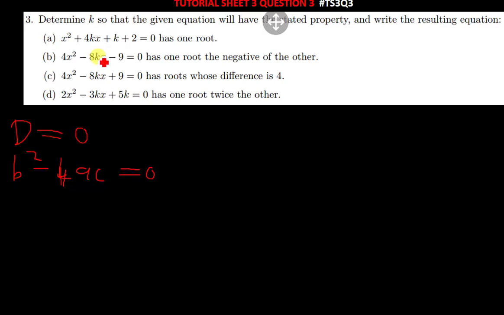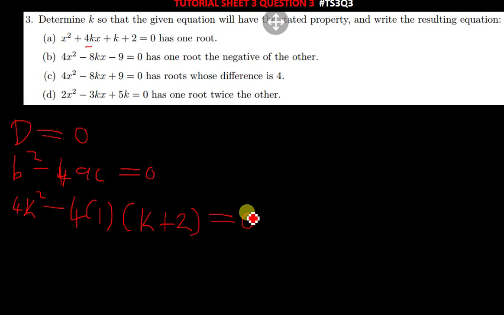My b there will be 4k, so I'll say (4k) squared minus 4. My a is 1, then my c is k plus 2, is equal to 0.